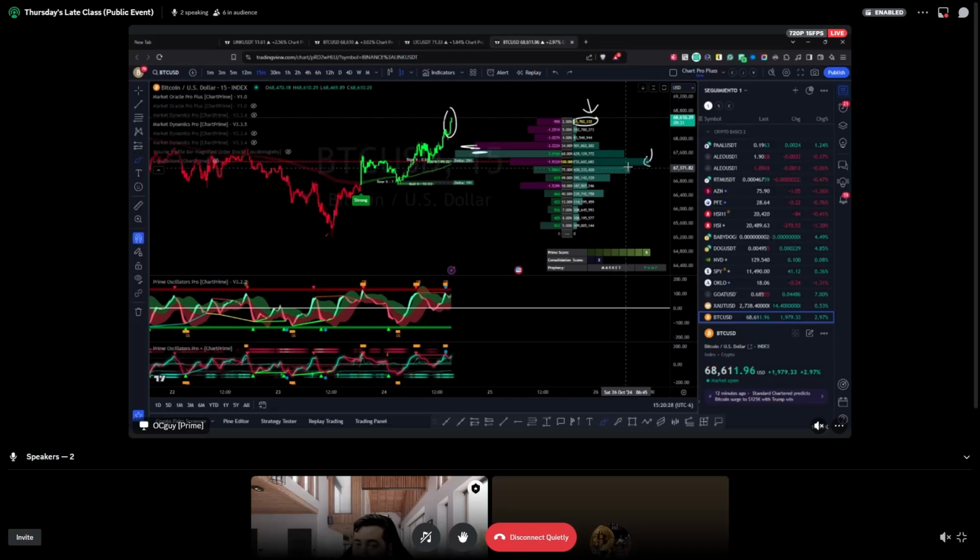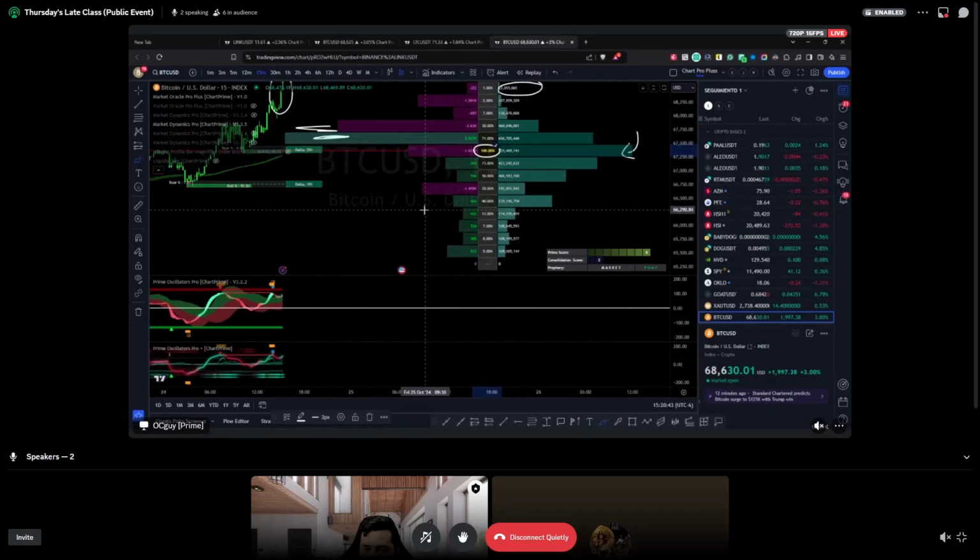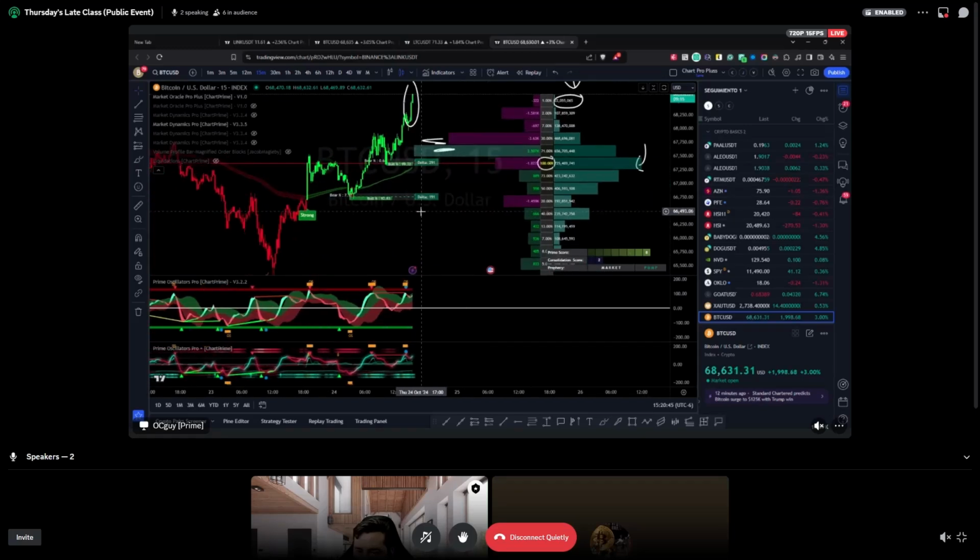Then, depending on how important this volume is, you'll see a metric here at the center. This metric is telling you how important this level is, right? You could have several hundreds.